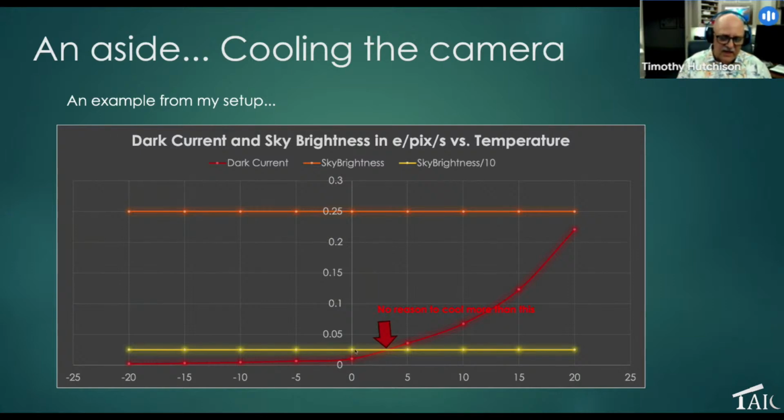But I can understand the point that John's making, that if we cool down below ambient, we're going to make sure that we have a consistent value out there. But my point was that there's really no reason to push this thing down here to -20 when it's not having any kind of positive impact on our image.